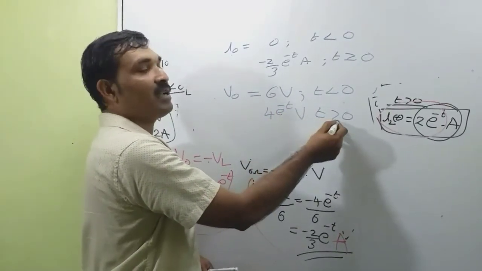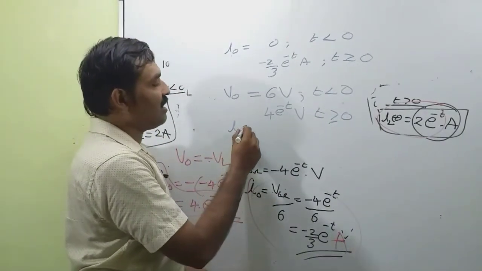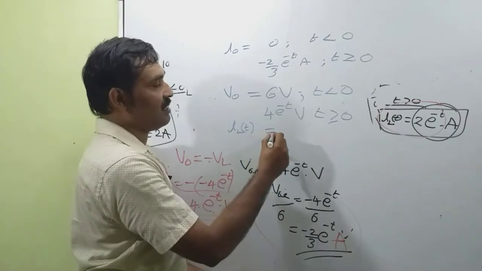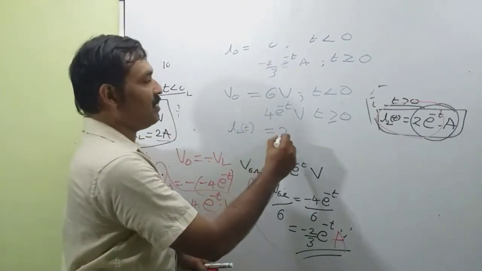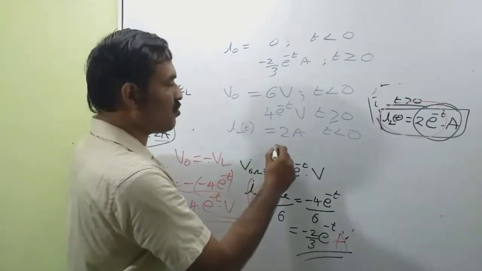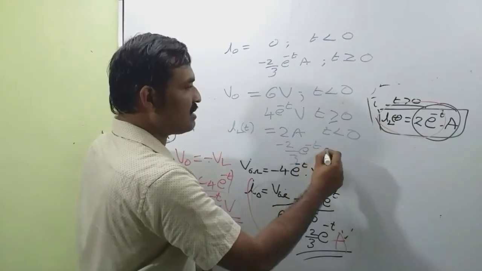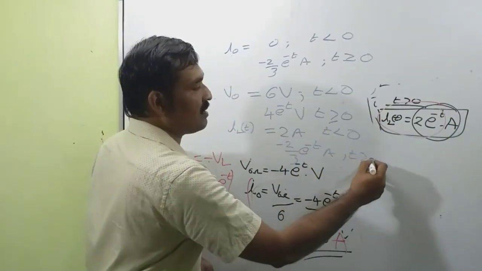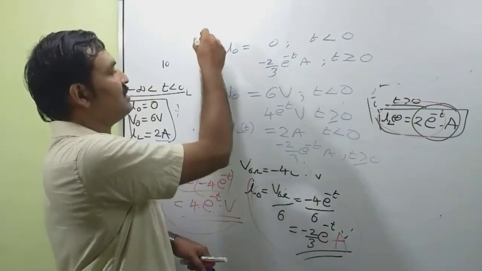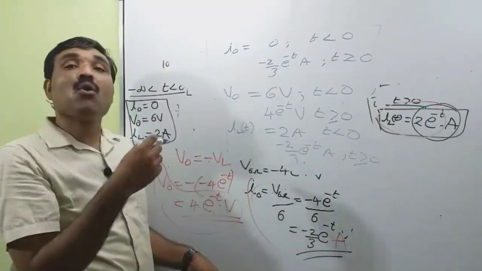And the value of IL, that is current through the inductance, is equal to 2 ampere for t less than 0 and is equal to minus 2 by 3 e raised to minus t ampere for t greater than or equal to 0. So this is the complete value of I0, V0 and IL of t for all time t.